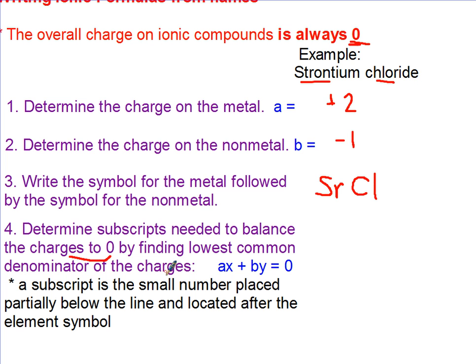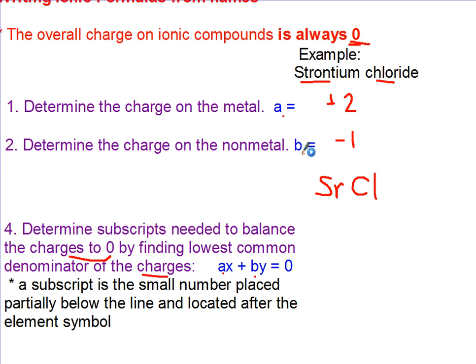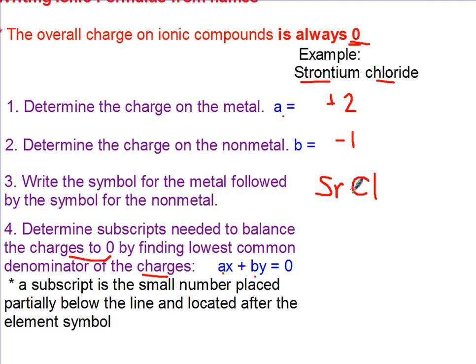I'm going to use this thing called finding the lowest common denominator of the charges. If you notice, A is +2 for this one, and B is -1 for this one. The X and the Y come in right here: Sr to the X power, Cl to the Y power. So what are X and Y supposed to be, is the question.